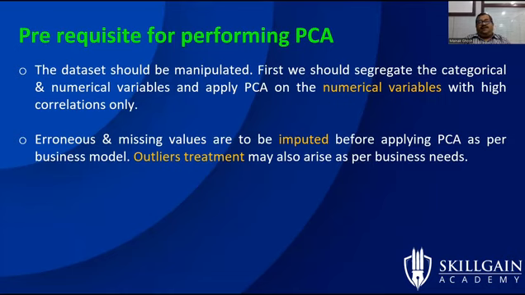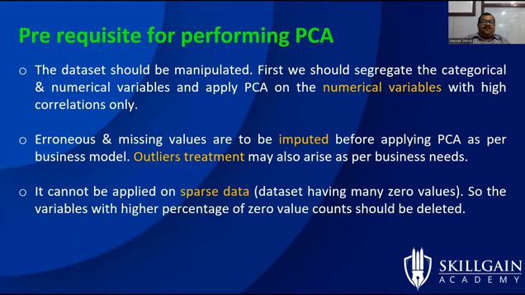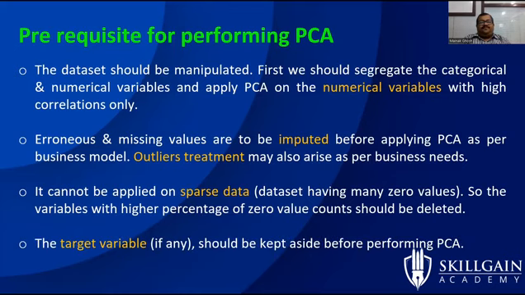Outlier treatment also arises as per the business needs. It cannot be applied on sparse data. What is sparse data? A data set having many zero values. So a variable with a higher percentage of zero values should not be counted. The target variable, if any, should be kept aside before performing PCA because it is an unsupervised learning technique.